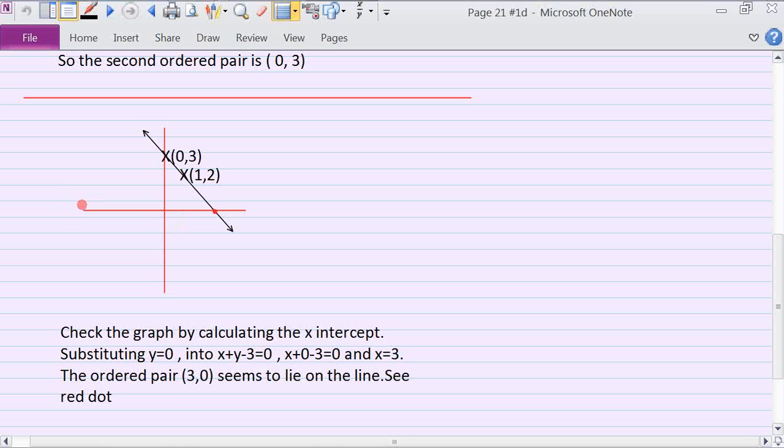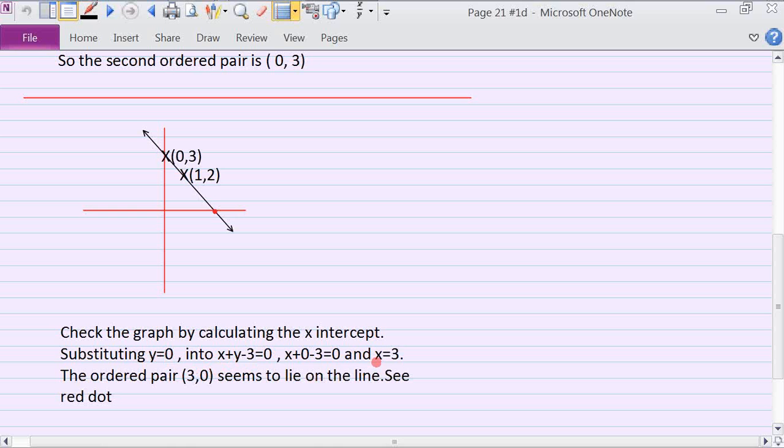I know along this line, the x-intercept, y equals 0 right here at this point. And so I want to know what the value of x is. So I substitute into x plus y minus 3 equals 0, and because it's an intercept on the x-axis, I'm setting y to 0.